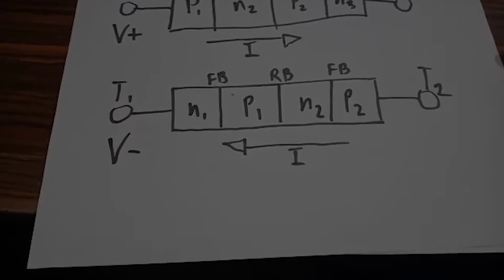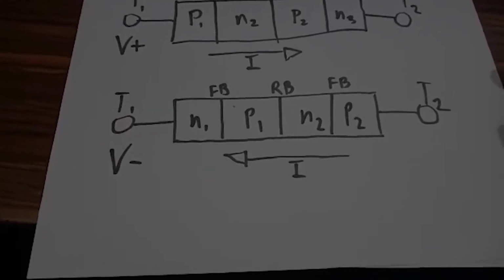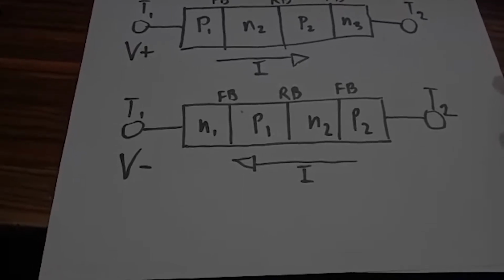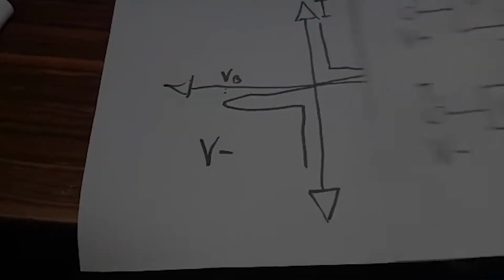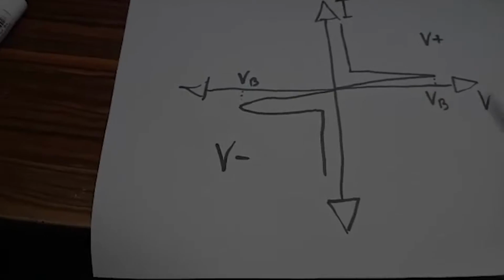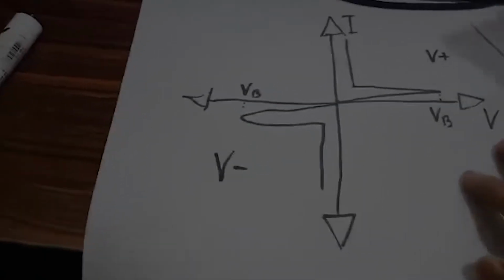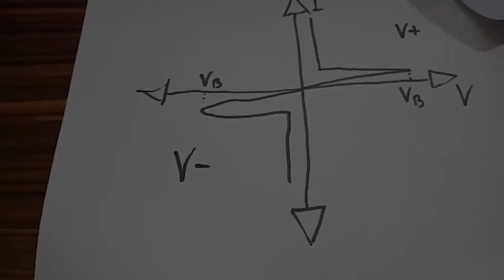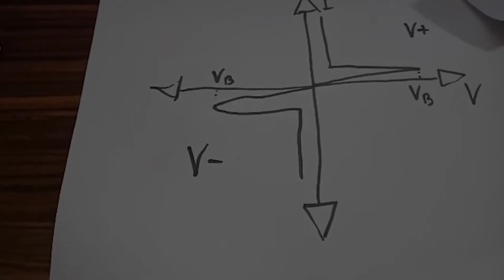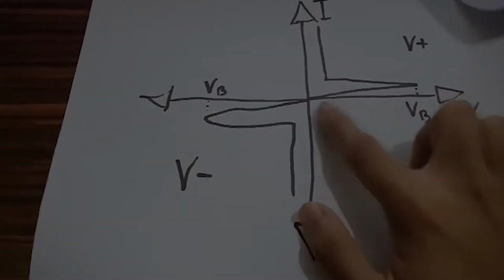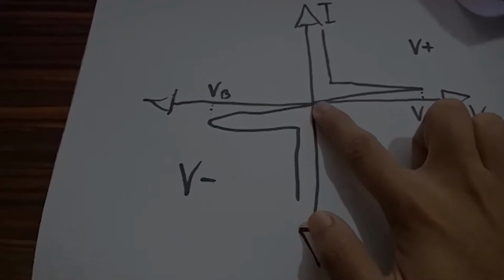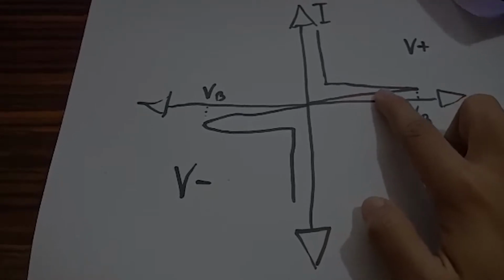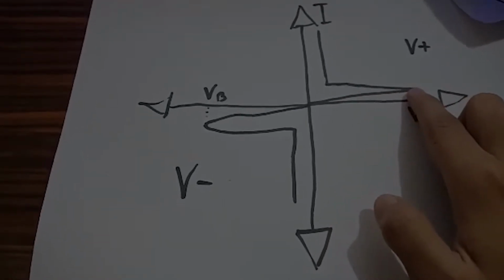So, what is the voltage and current characteristic of a DIAC? First, the DIAC at a certain voltage will conduct low current until it reaches a voltage breakdown.